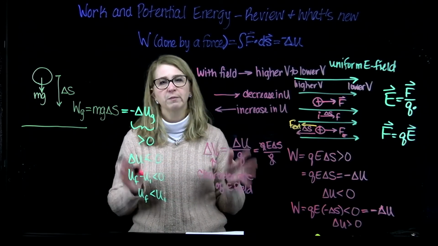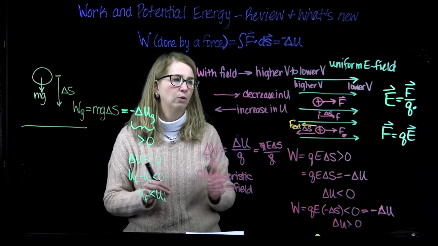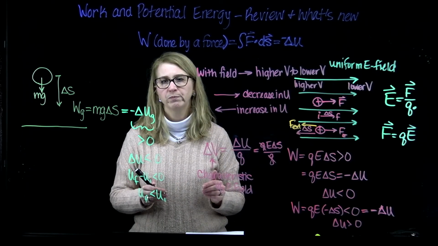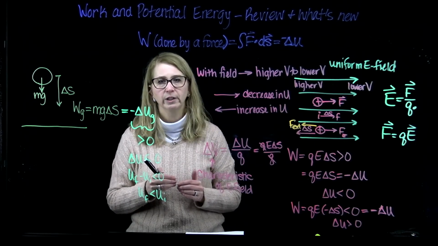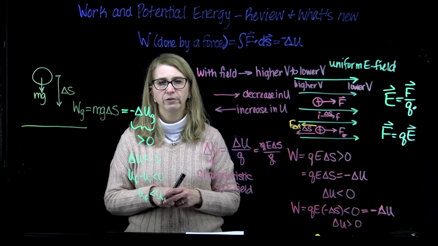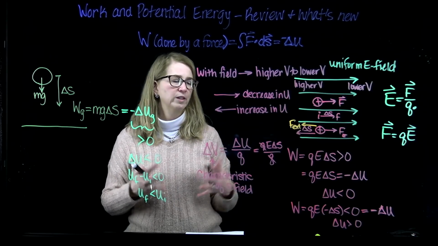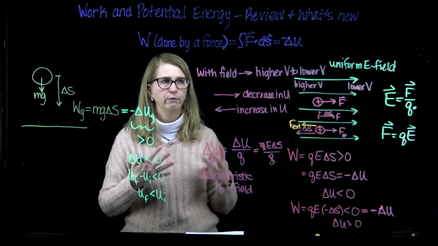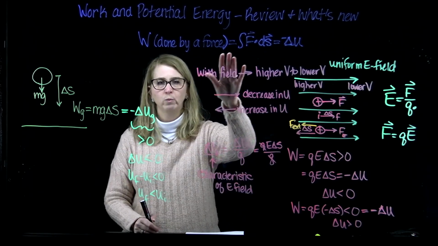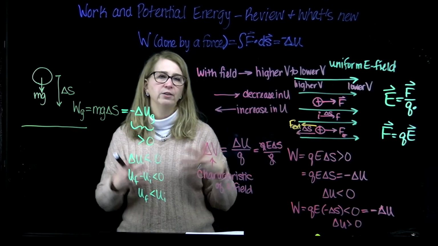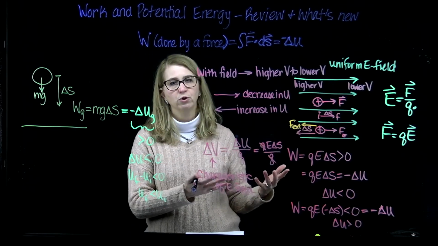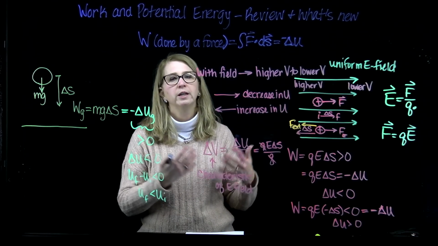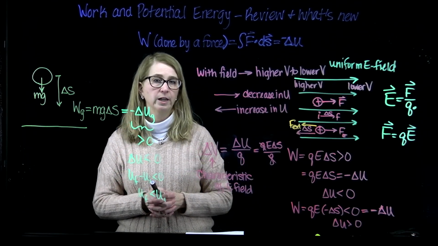But the potential is something that we like because it's only really talking about the electric field, and it's independent of the charge that you place in the electric field. So hopefully this made a little more sense, but what I wanted you to really have is a review of this relationship between work and potential energy, and start to apply it to this new situation we're working with, electric fields and charges, because that's what we're going to be looking at in Chapter 7.